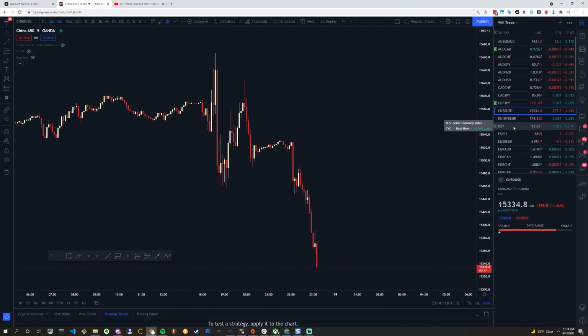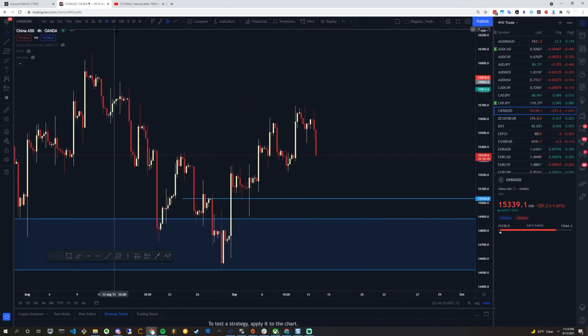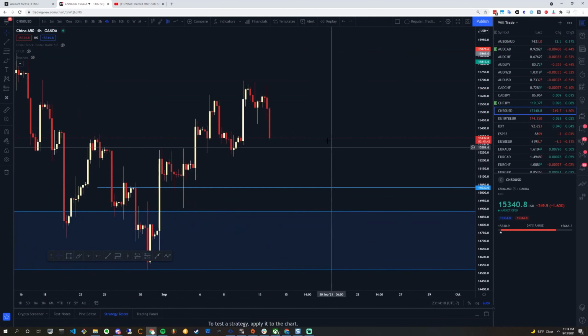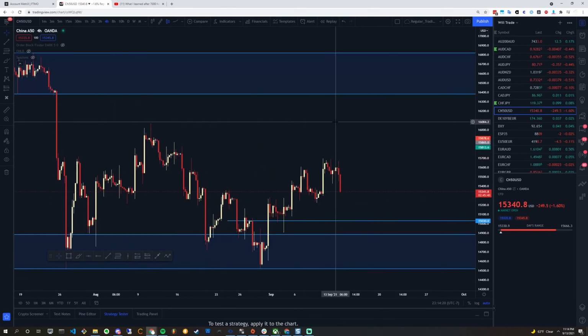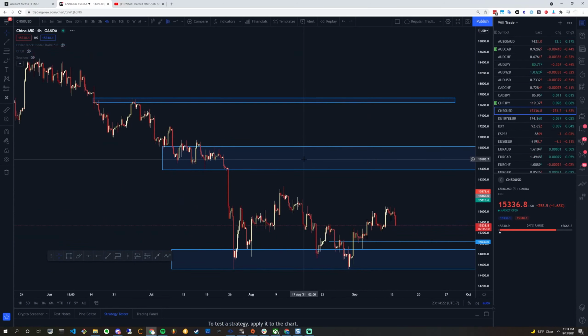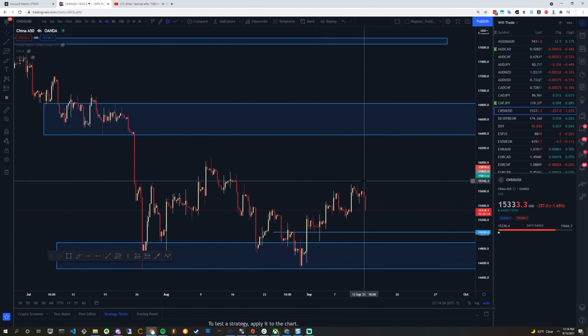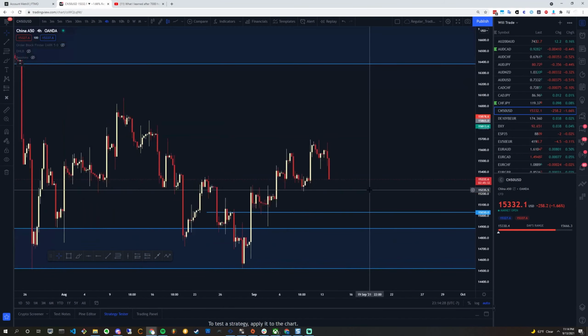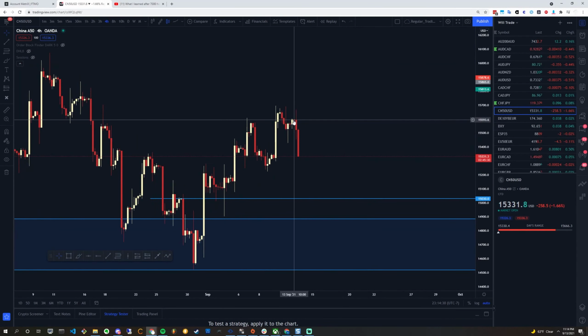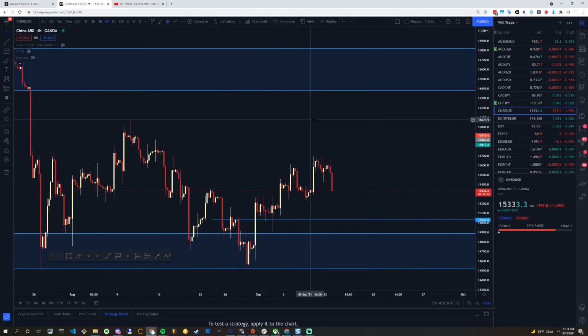All right, China 50. Look at that. This is a crazy pair. Wow, look at the price action and the way it moves. This should look like calligraphy. This is crazy. So let's see.